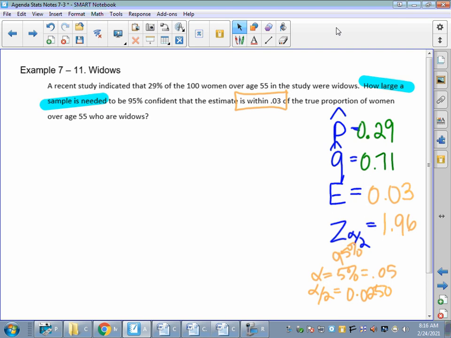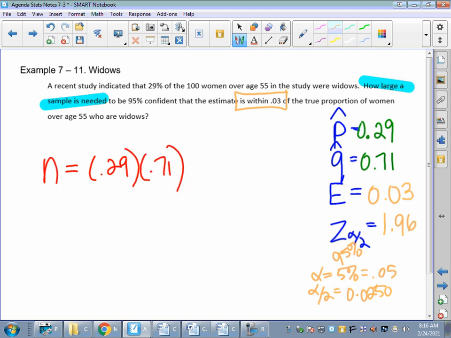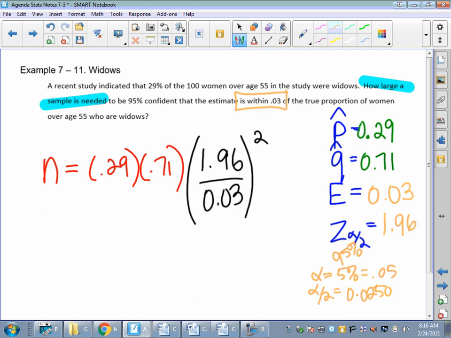So now we just need to set everything up. N is equal to P hat times Q hat, so 0.29 times 0.71, and then I'm going to multiply that by my Z value over E, squared. So Z value is 1.96 over my margin of error. When I do the calculator work, I usually do 1.96 divided by 0.03, square that answer, and then multiply from there.